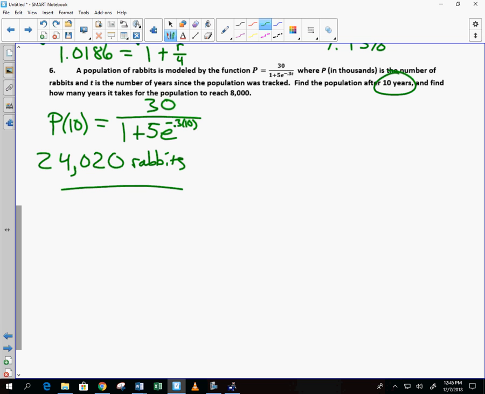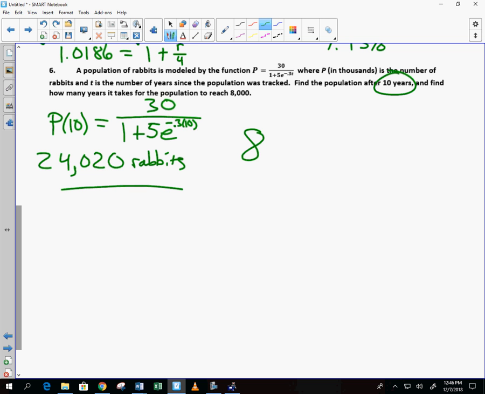How many years does it take for the population to reach 8,000? I'm solving for T. What do I plug in for P? 8. It's measured in thousands.